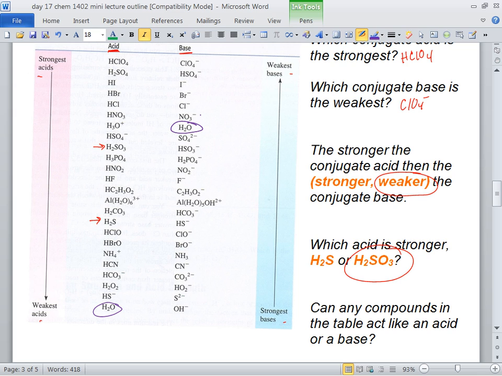Is there anything else? HS negative. Yeah. So there are several compounds that can act like an acid or a base. Is it going to act like an acid or a base? Well, it depends on what else is in solution. So to answer Cameron's question about recognizing bases, it's not very straightforward at all. All right.